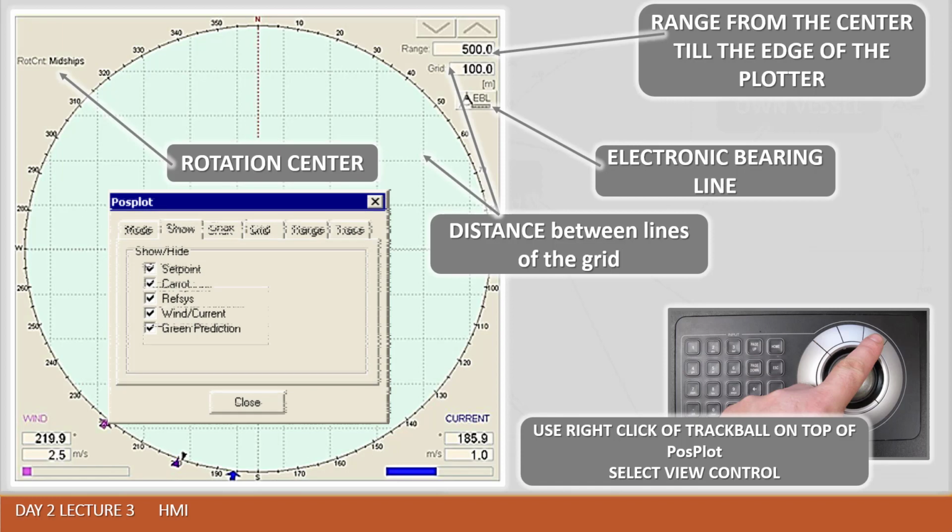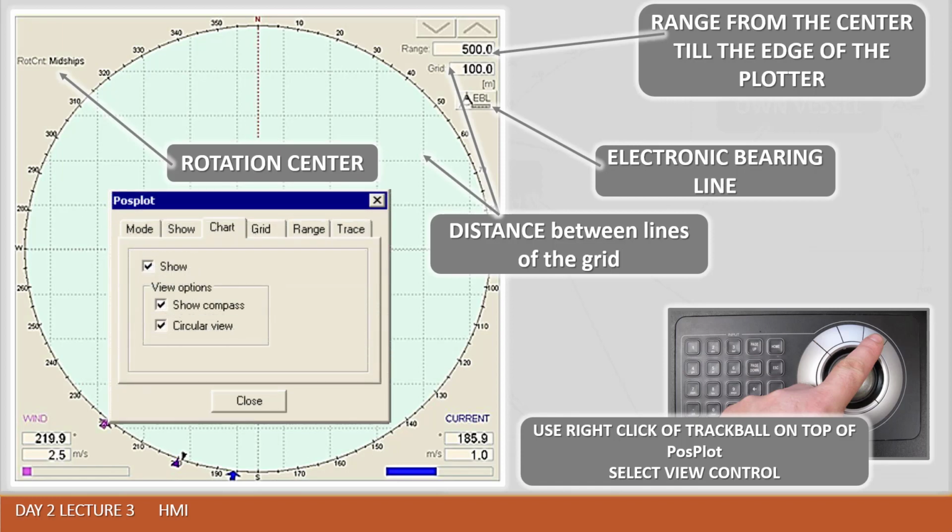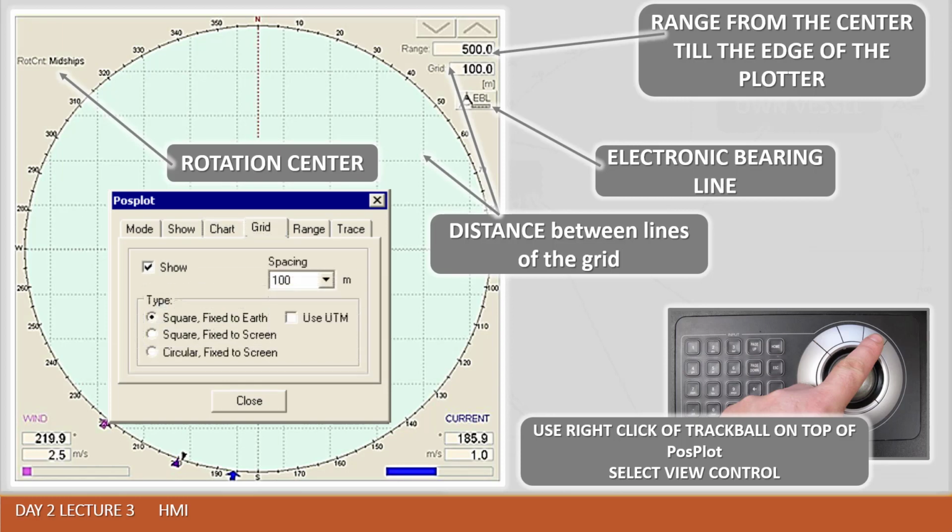At the chart menu, we have the tick show, and then we are able to see the compass plate and the circular views. At the grid menu, we can specify the spacing of the grid, and we may specify what kind of presentation we would like to have of our position plotter.